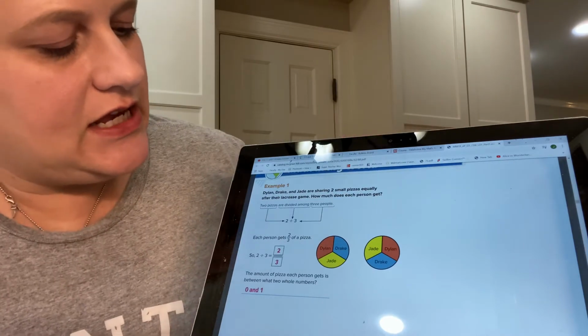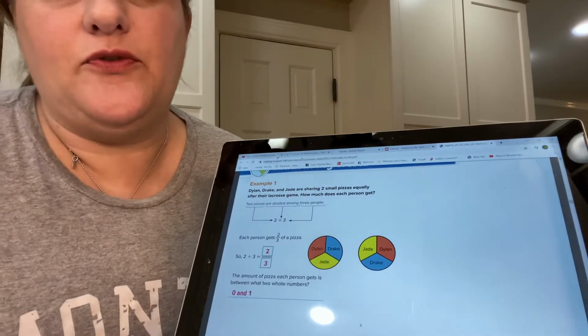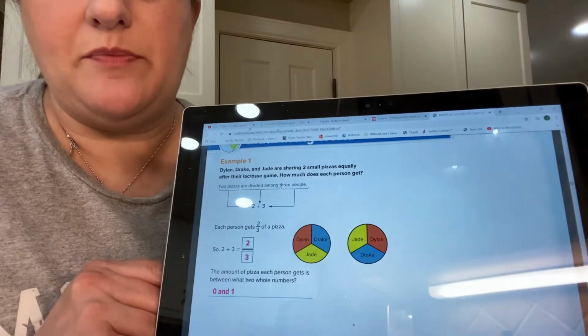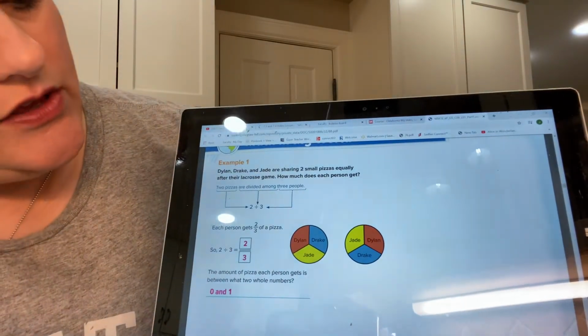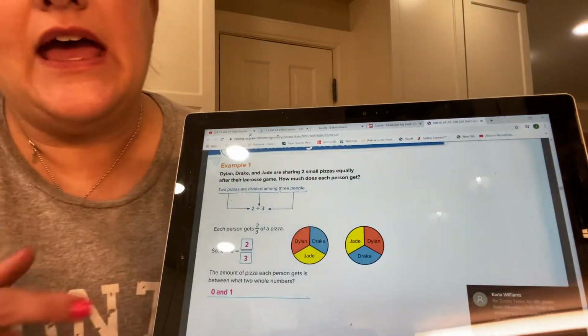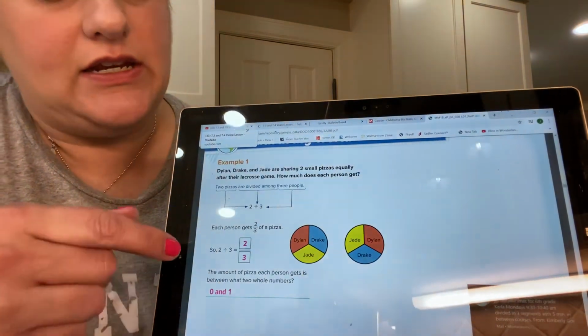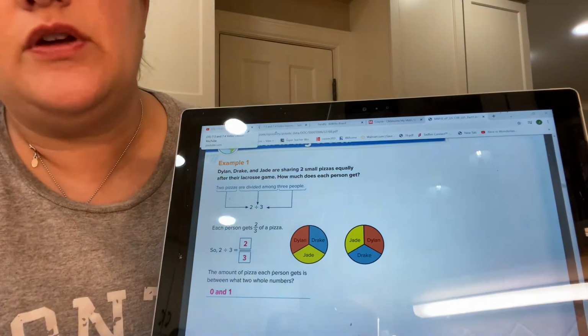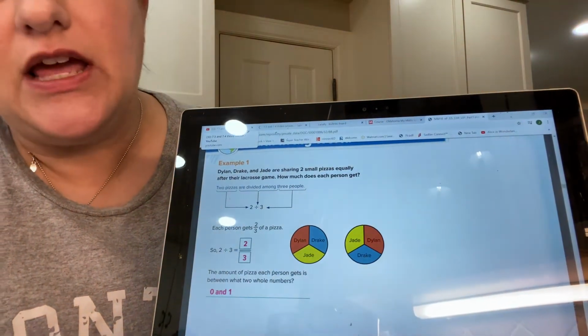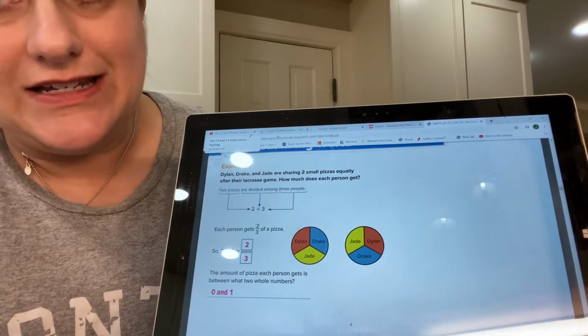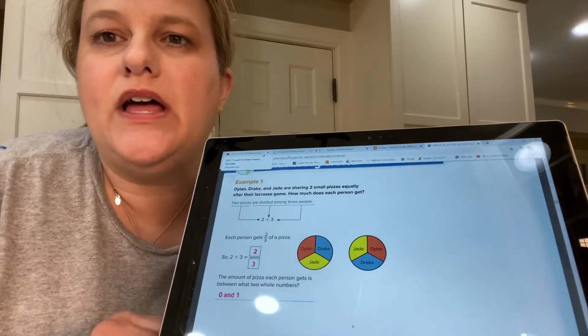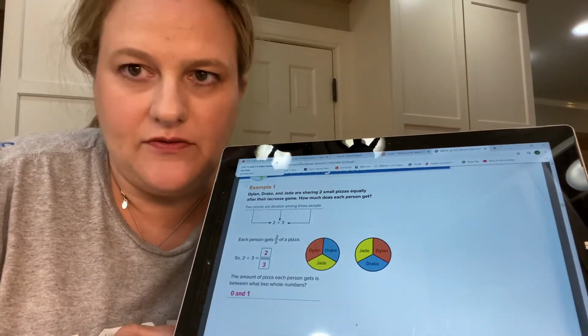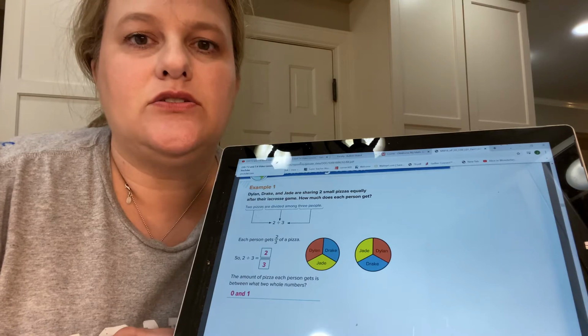You can see here how they've filled in for you what I couldn't do with my pen. And that number is between 0 and 1. So 2/3 is more than nothing, more than 0, but it's not a whole pizza. It's not a whole 1 because that would be 3 out of 3, not 2 out of 3.